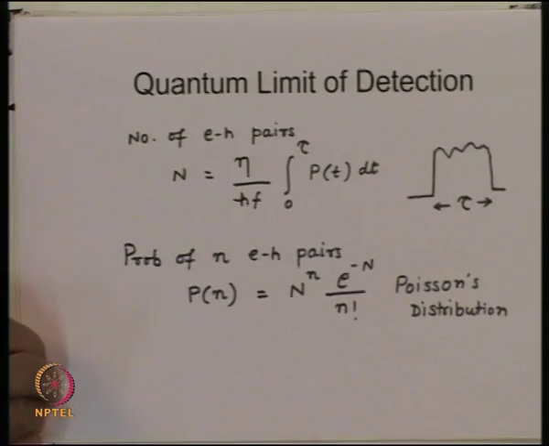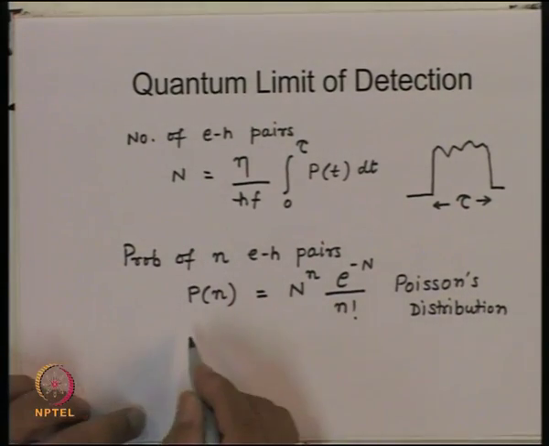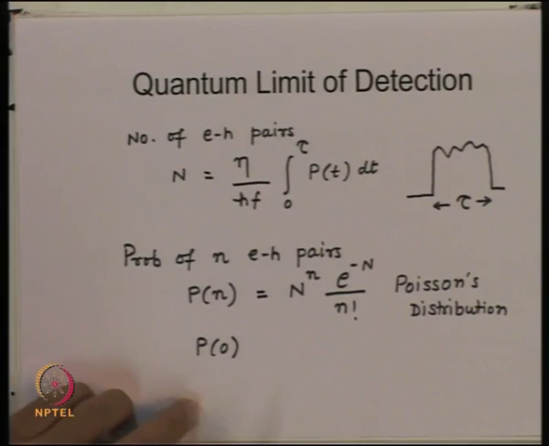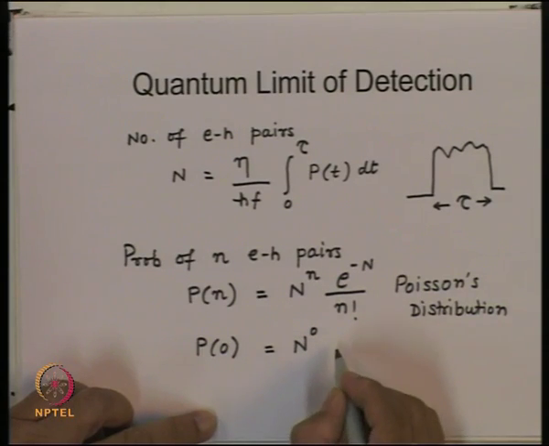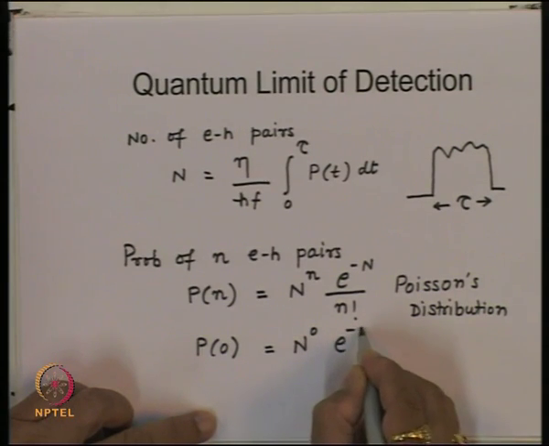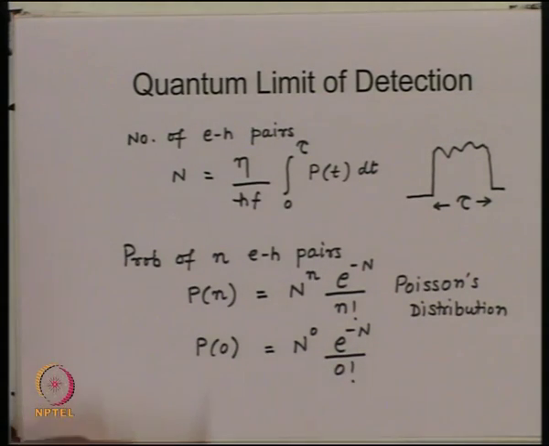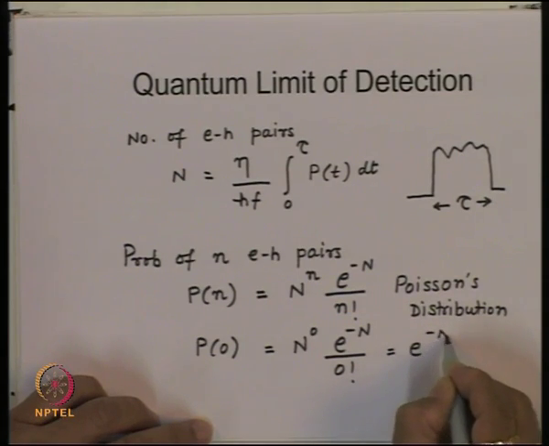So, for quantum limit, we are saying, what is the probability of receiving 0 photon or no photon in that bit duration, which is P0, that is equal to n to the power 0 e to the power minus n divided by factorial 0, which is e to the power minus n.